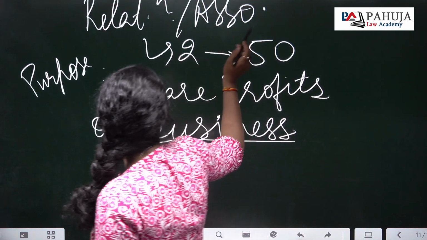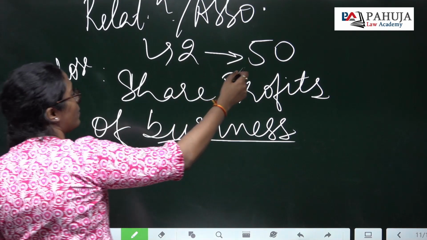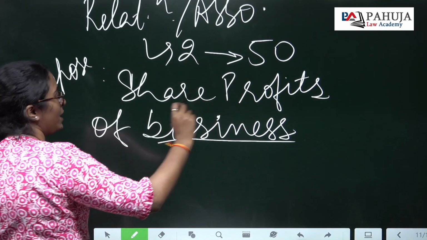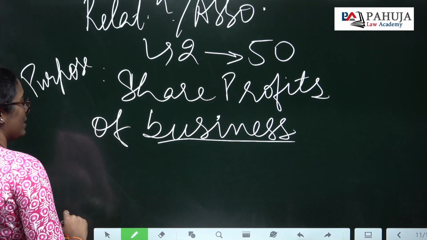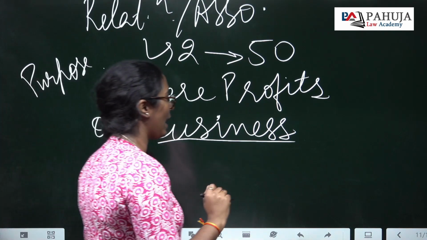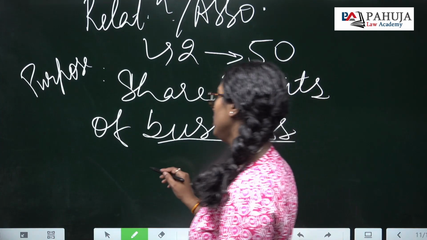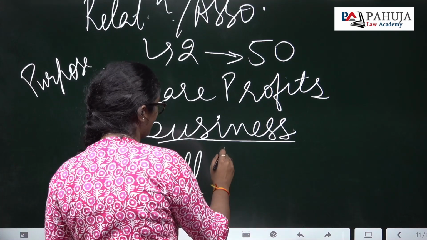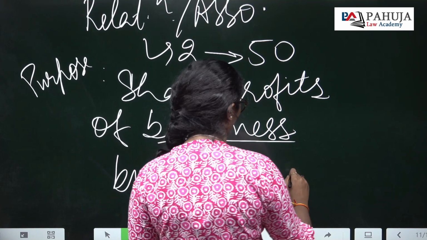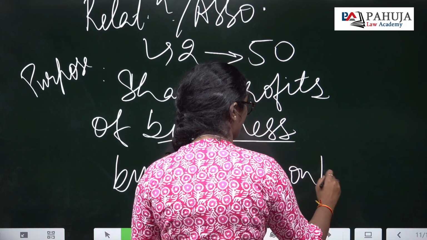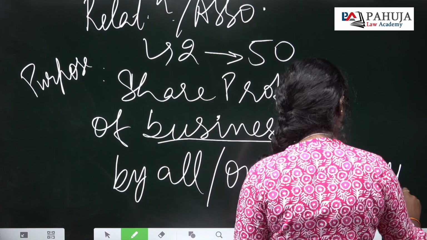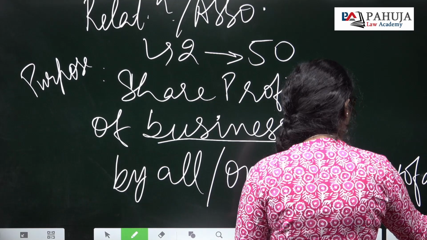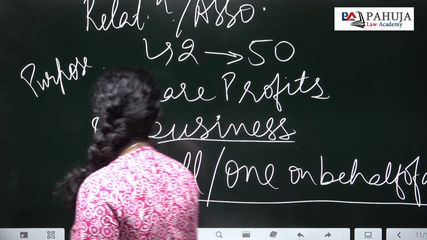So, a relation or association between two persons but not more than 50 sharing profits of a business carried on by all or any one of them on behalf of all. So, this is how a partnership is made.